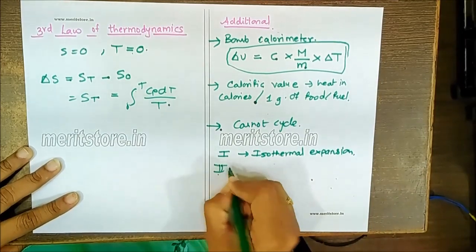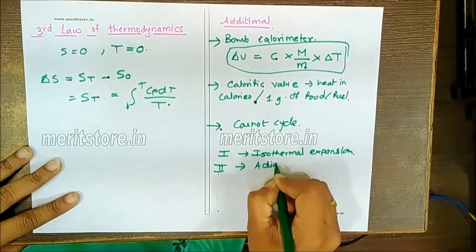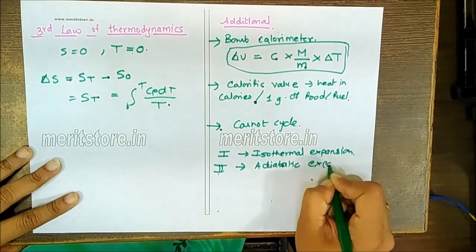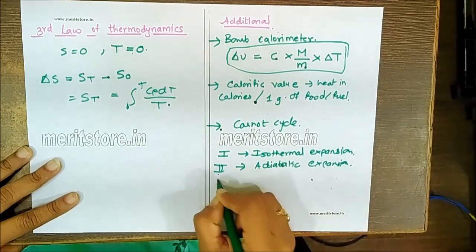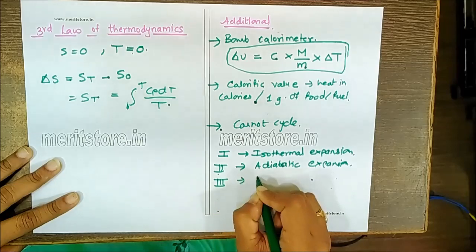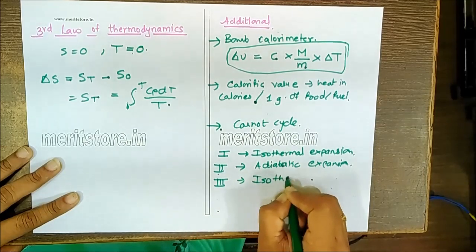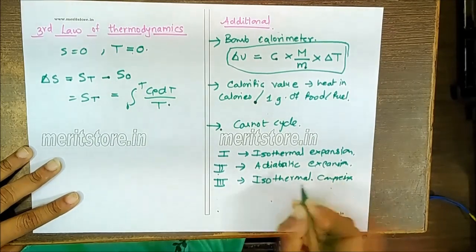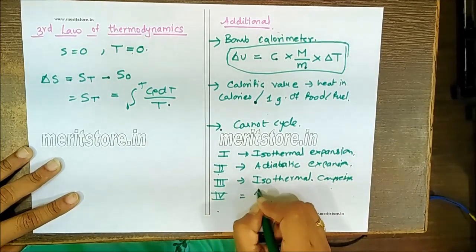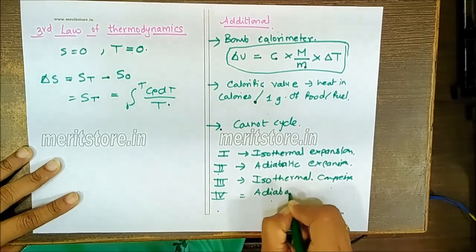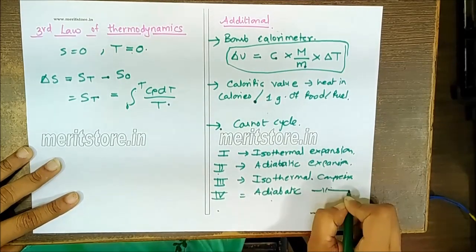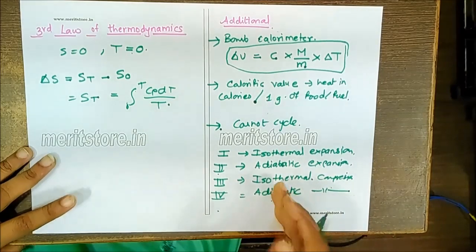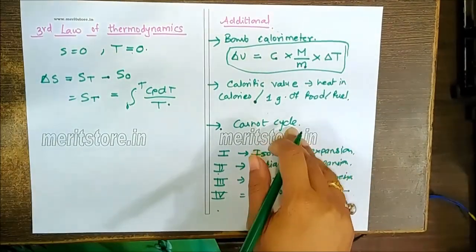Then stage 2 is adiabatic expansion. Stage 3 is isothermal compression, and stage 4 is adiabatic compression. So finally the system comes to its original position, which is why it is called a cyclic process.